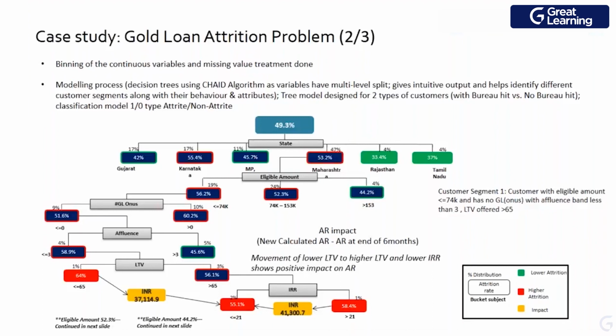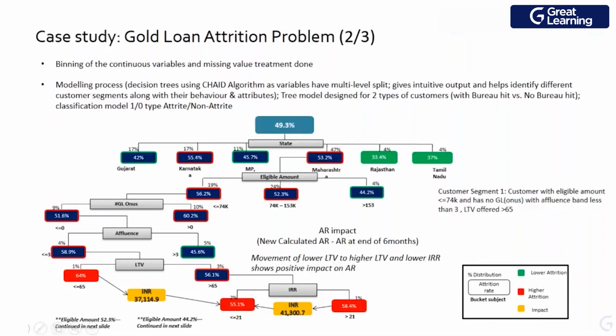So for this customer segment, if you offer less than or equal to 65 LTV, your attrition rate is 64%, while for the same customer segment, if you increase the LTV to greater than 65, the attrition reduces to 56%, which is almost 8-9% reduction.